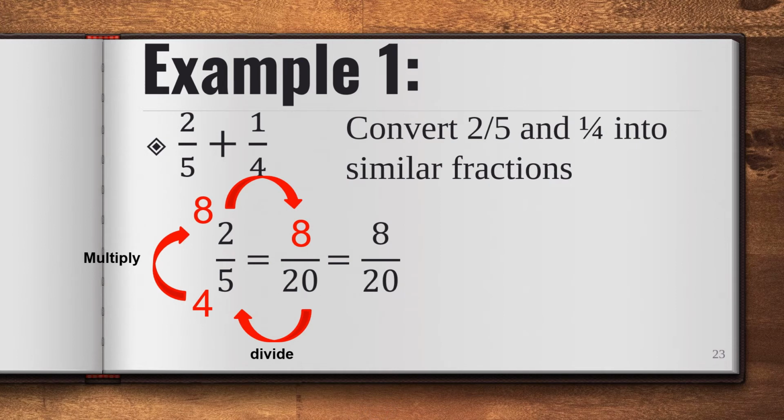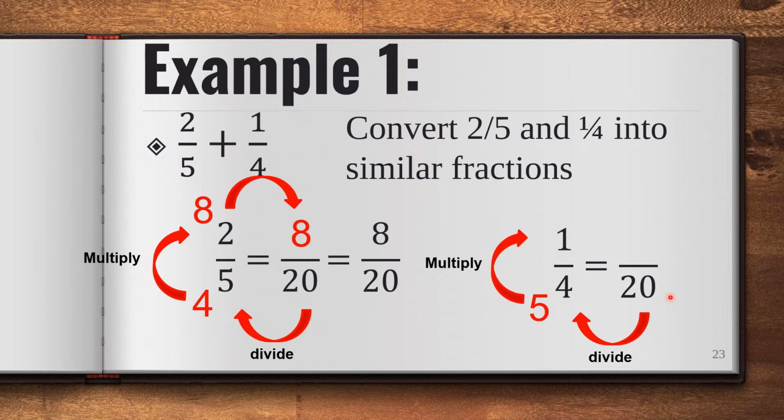How about for 1/4? Again, write 1/4, and on the other side, we will write the denominator 20. This is the LCD. Then we are going to divide again. 20 divided by 4, that is 5. What will be the next? Correct. We will multiply that to the numerator. So 5 times 1 is 5.